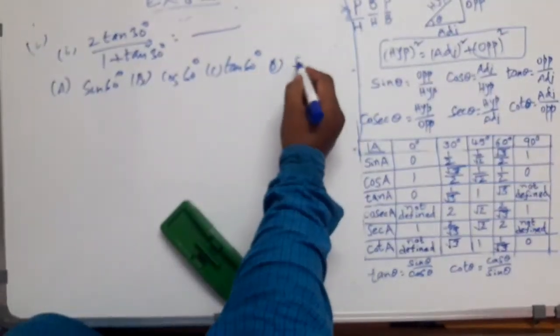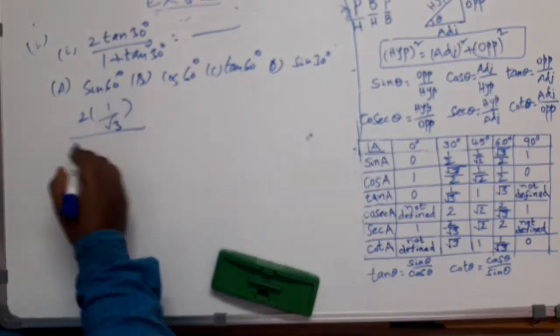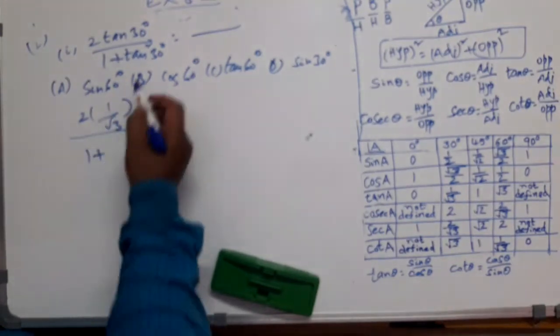Directly let us substitute the values of trigonometric ratios from the table. Yes. 2 multiplied by tan 30 degrees is, from table, 1 by root 3, upon 1 plus tan 30 degrees whole square, this is 1 by root 3 whole square.